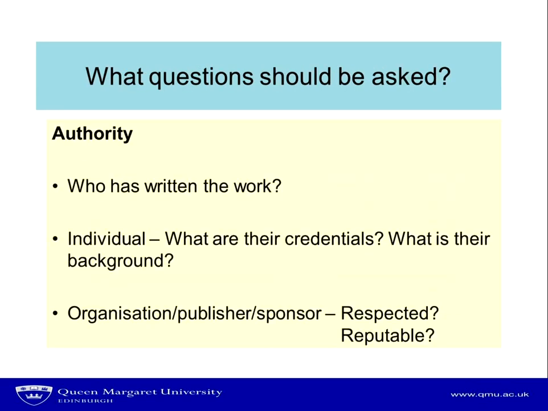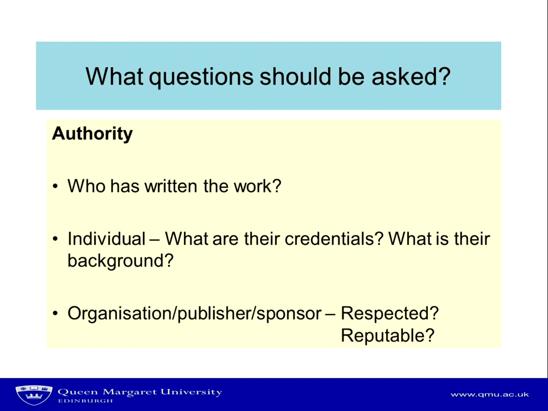So we're going to look at the first criteria, authority. And with each of these criteria, you're actually really asking a series of questions to answer and to evaluate that particular criteria. So for authority, you're asking questions like, who has written the work? The source should tell you. If it's an individual, well, what are their credentials, their qualifications?